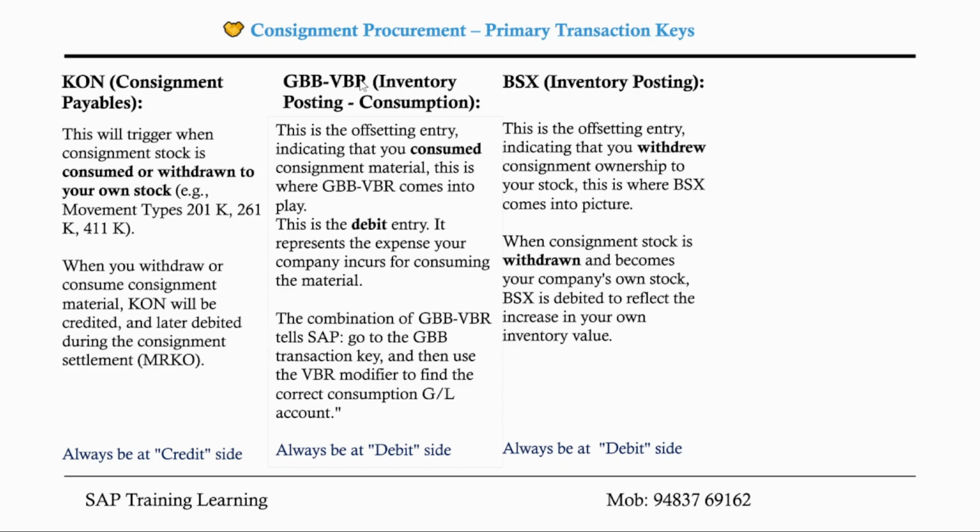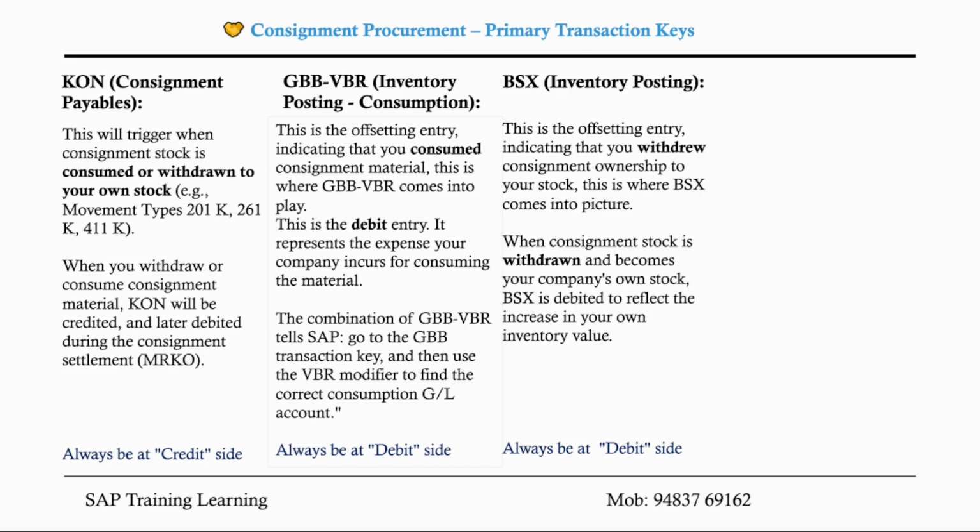Second is GBB VBR. First of all, why GBB and VBR? Why not just KON? Why not just like BSX? See, GBB is actually the transaction key. VBR is a modifier. Okay, keep this in mind.